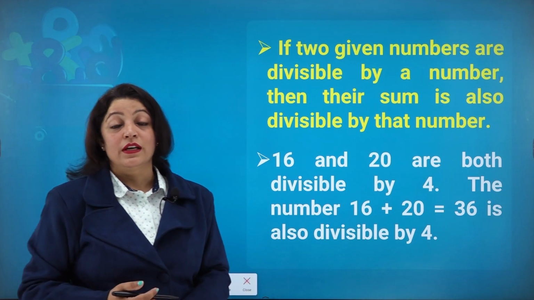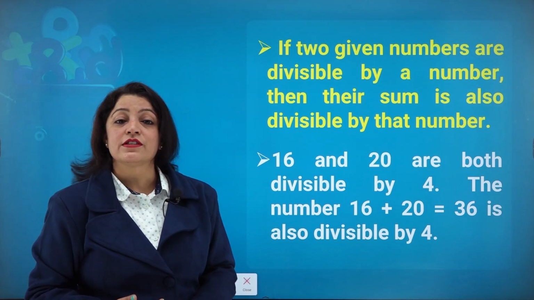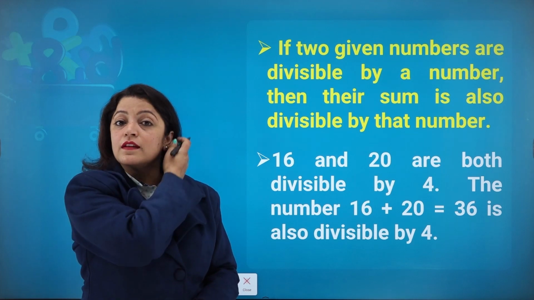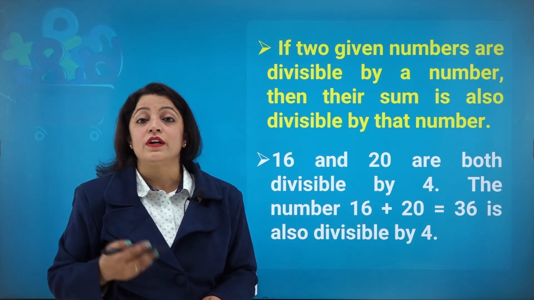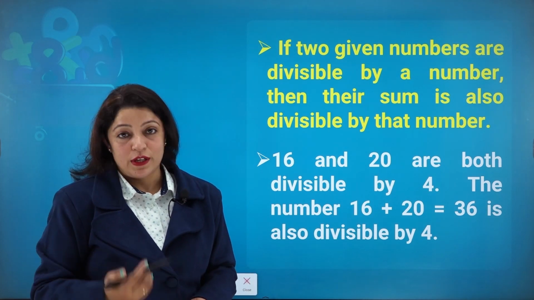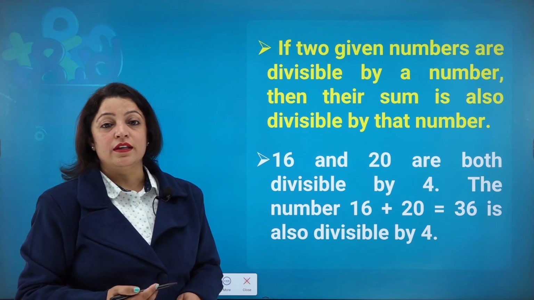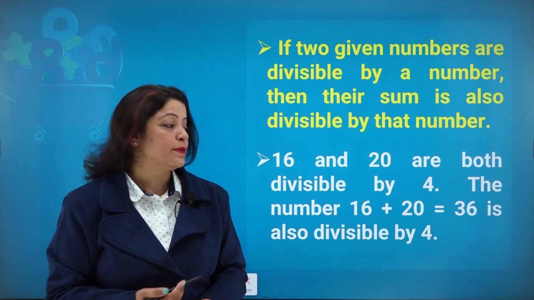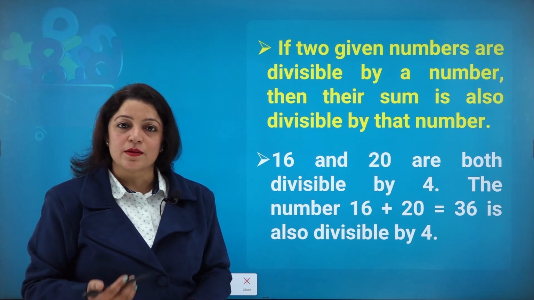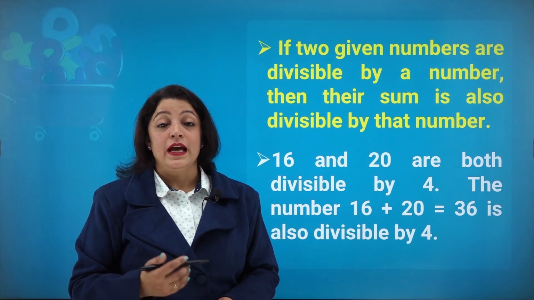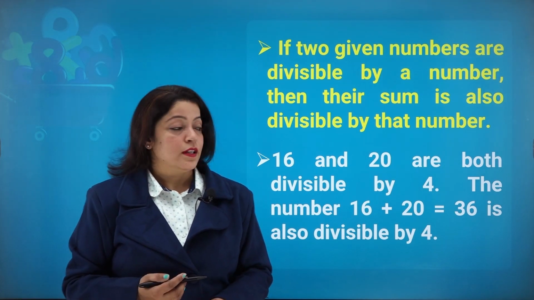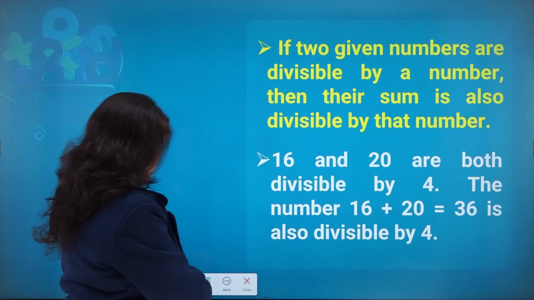Now the next one is one more divisibility rule: if two given numbers are divisible by a number, then their sum is also divisible by that number. For example, 16 and 20 are both numbers which are divisible by 4. They both come in the table of 4. Their sum, 16 plus 20, gives you 36.